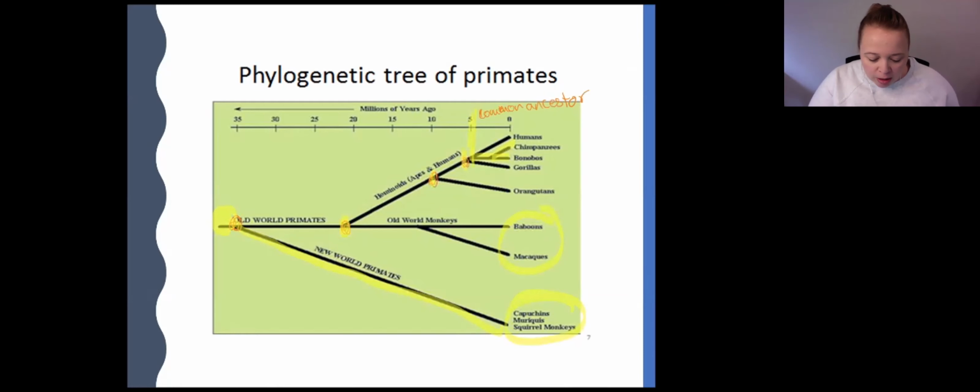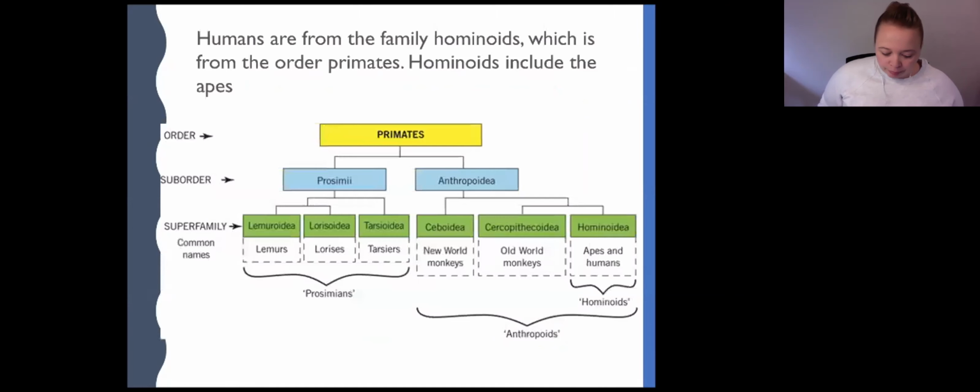So the humans diverged from the orangutans around 10 million years ago. We had a common ancestor with baboons about 21 million years ago. And we had a common ancestor with monkeys about 35 million years ago.